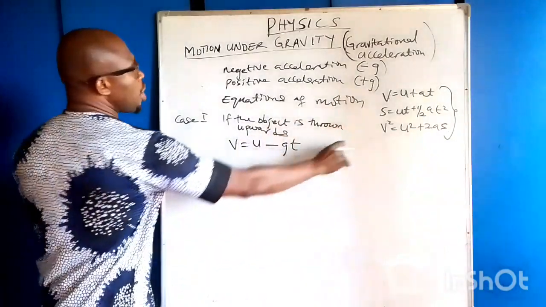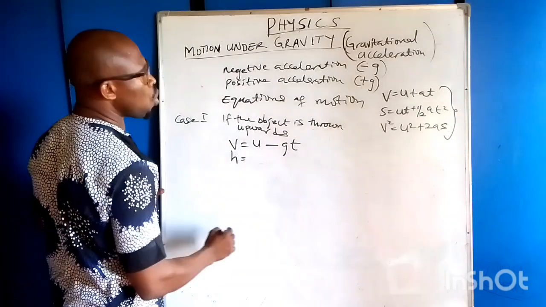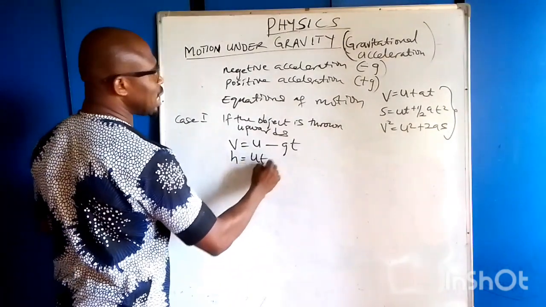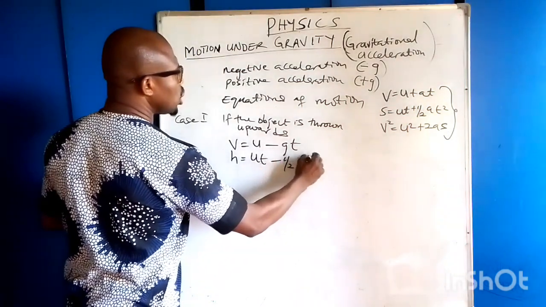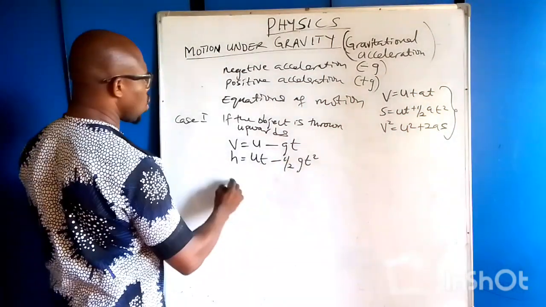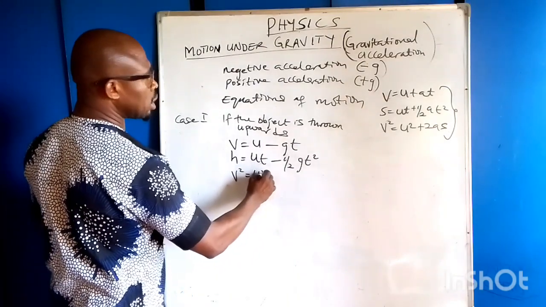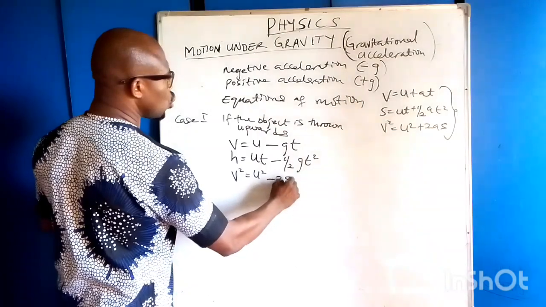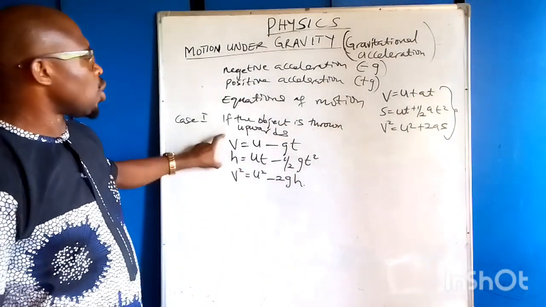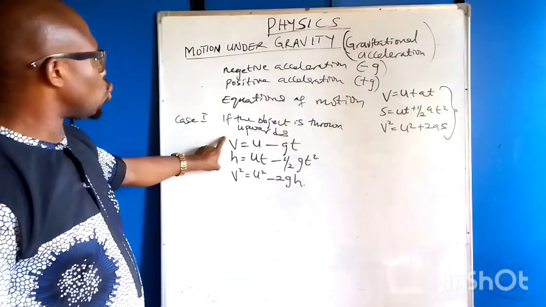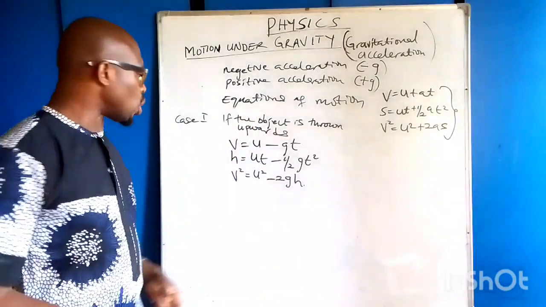The second one, and of course the distance will now change to h: h equals ut minus half gt squared. The third one gives us v squared is equal to u squared minus 2gh. So these three equations are the equations of motion to use when the object is thrown vertically upwards.